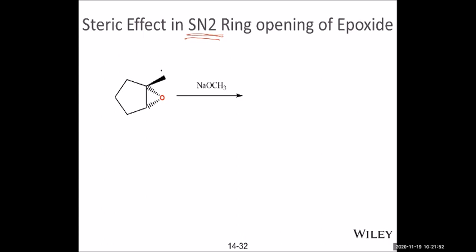This is basically the substrate. This is the nucleophile. The substrate has the leaving group, which is the oxygen bonded to carbon. And it can be attacked either here or here. Obviously, attacking from this direction, we have three alkyl groups.